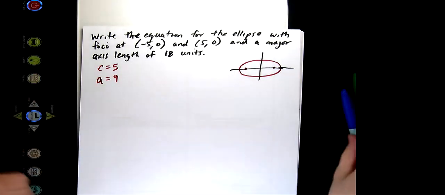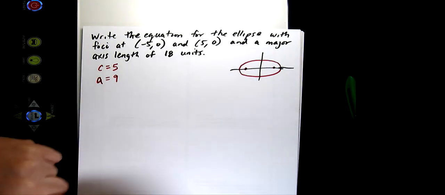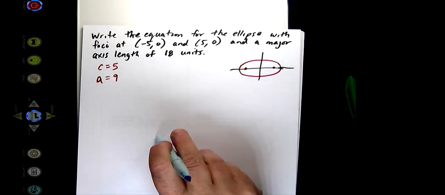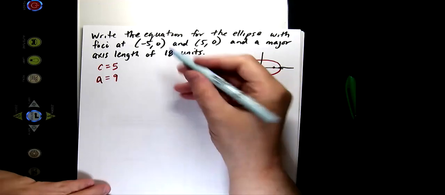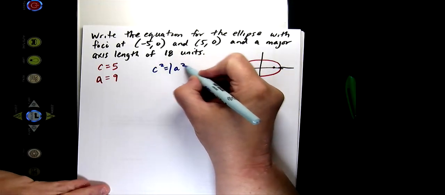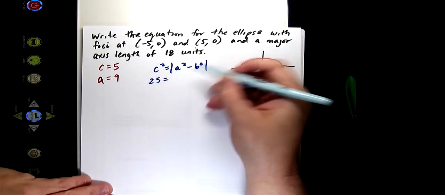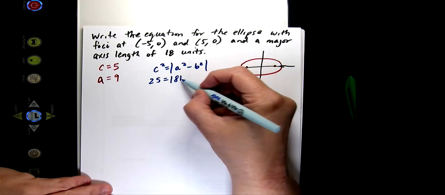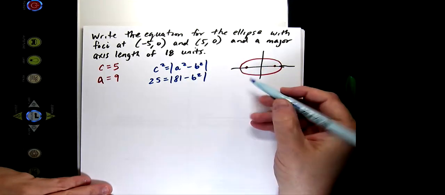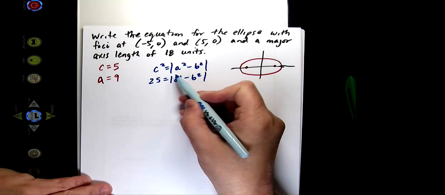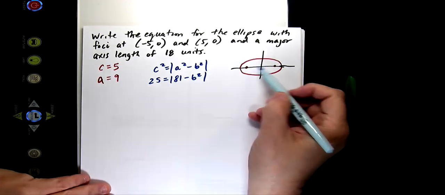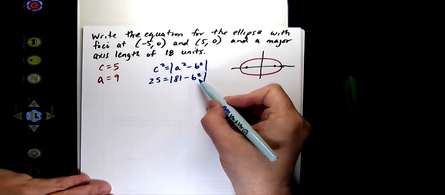How do we get B? We plug those into the equation that gives the whole thing in the first place. So 25 equals 81 minus b squared. I'm going to ignore the absolute values, because when the major axis is along X, the absolute values don't do anything.